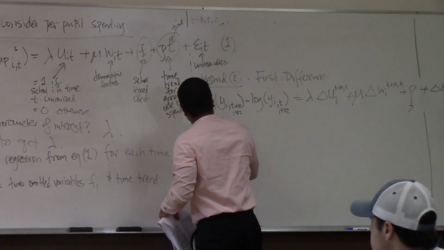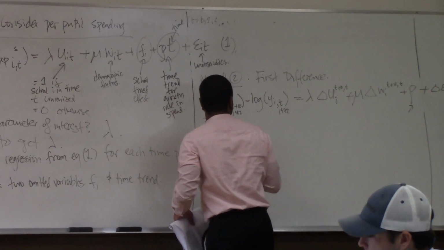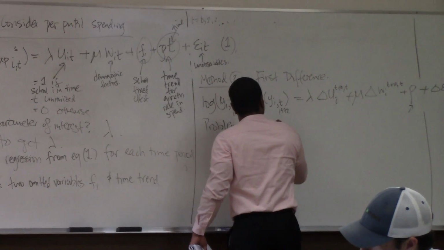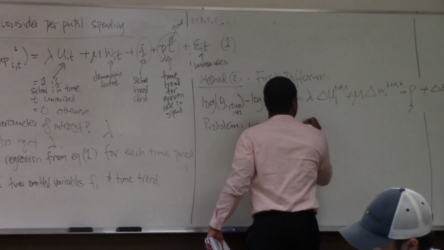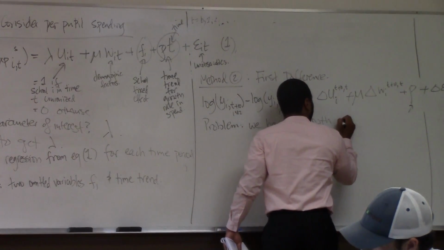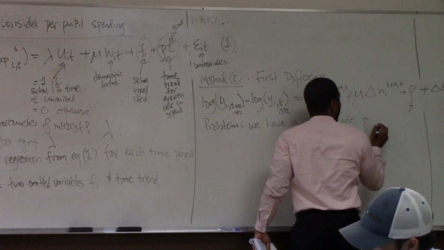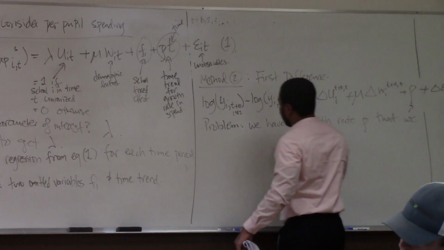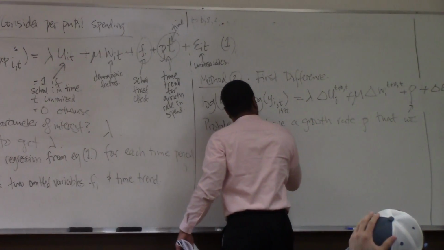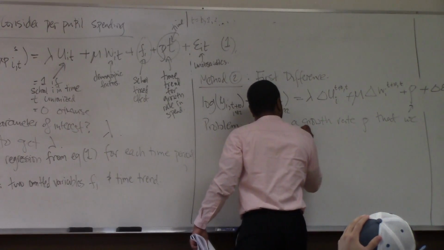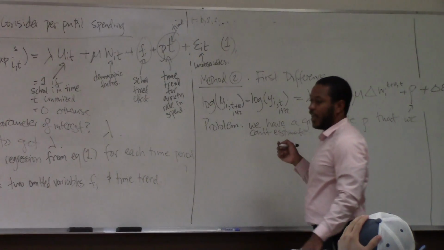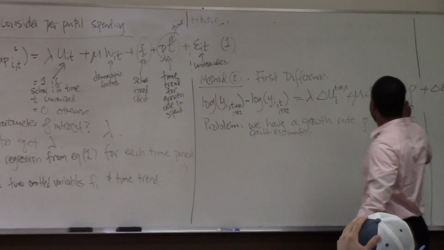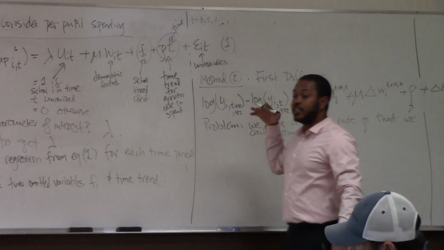So the problem here is we have a growth rate rho that we can estimate. We can, right? And so the way that we get rid of rho is we take a difference in difference.